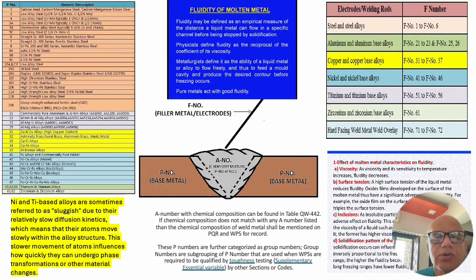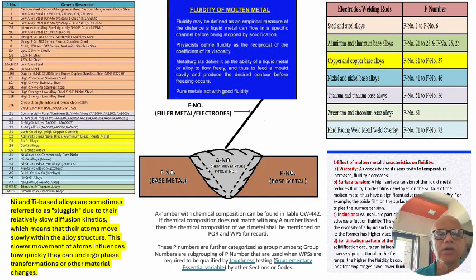So 0.2 into 20% brings us 0.04, and the electrode is going to be 0.1, so 80% of that is going to be 0.08. And 0.08 and 0.04 add up to 0.12, so it is a little more than the filler wire, and that's how the A number differs from the filler wire or from the parent metal.